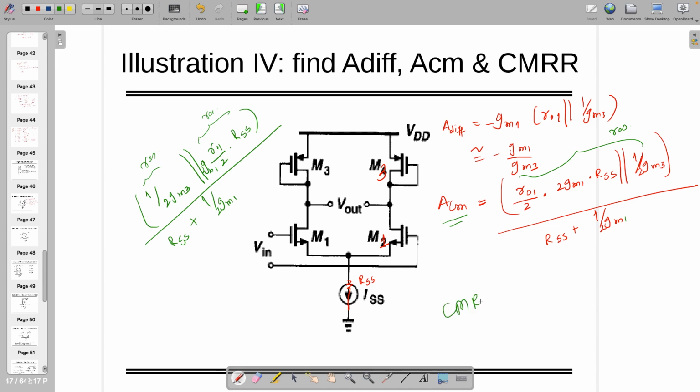So you can find out CMRR. So can you comment on the previous circuit's CMRR and this circuit's CMRR? What do you think? Which CMRR will be higher? This one will have higher CMRR. And why is it so? Look, this circuit has poor differential gain, right?